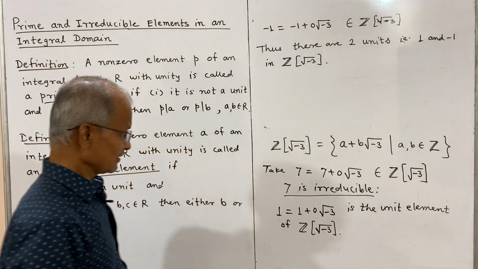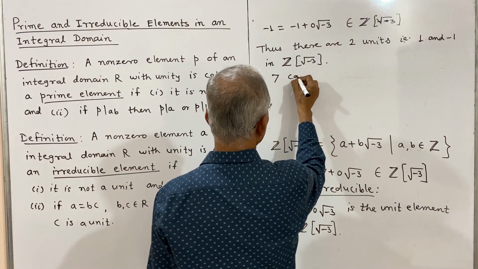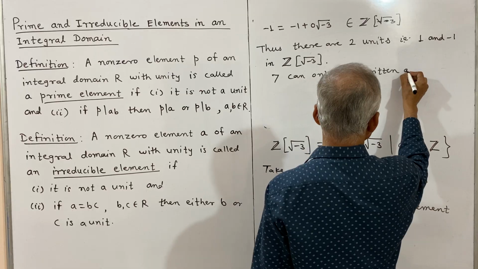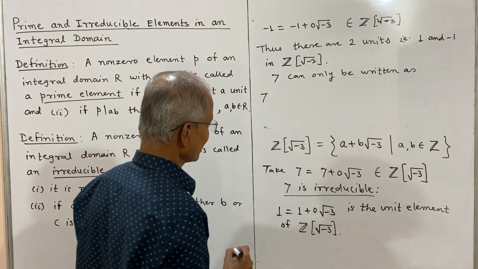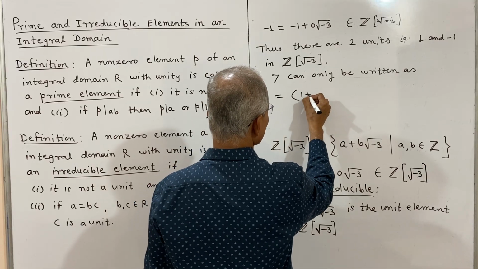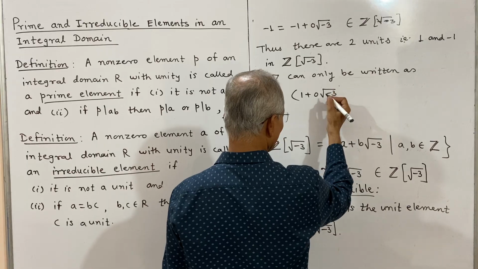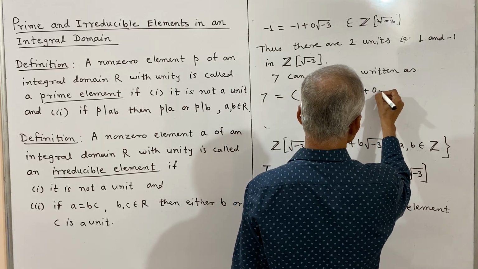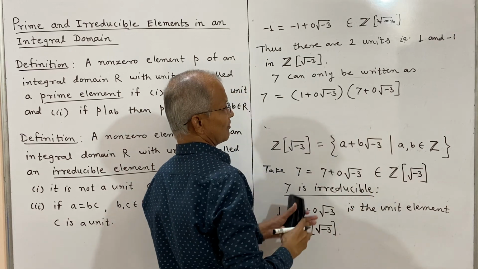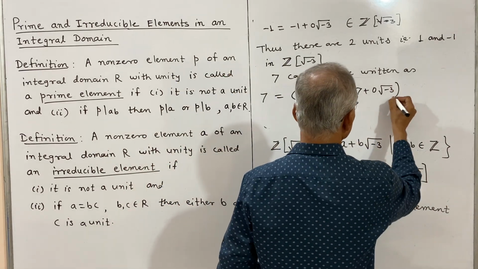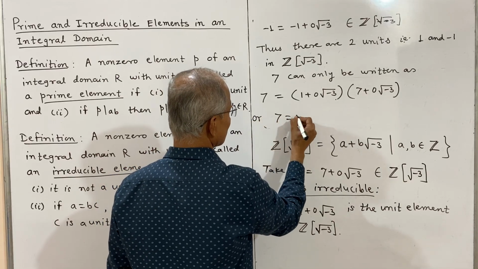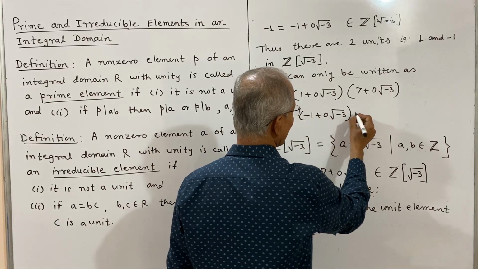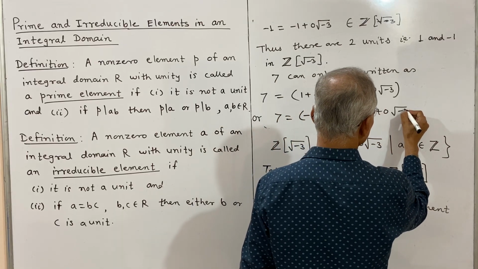Now 7 can only be written as 7 equals 1 plus 0 into root of minus 3, that is 1, into 7 plus 0 into root of minus 3, or it can be written as minus 1 plus 0 under root minus 3 into minus 7 plus 0 under root minus 3.